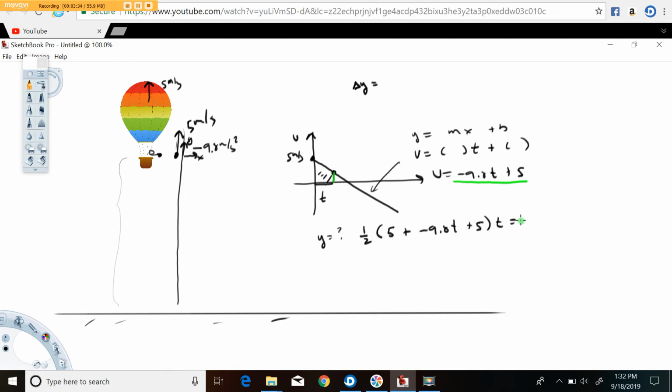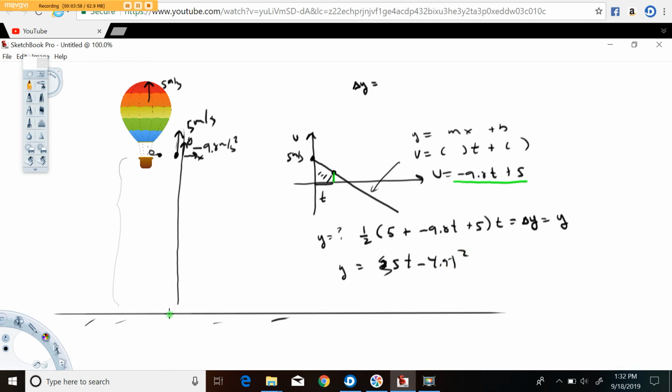Now this is actually giving us our change in y, but if we measure y from where this thing starts, y initial is 0, this would equal y minus 0. I'm just going to put y. Clean this up a little bit, you're going to get y equals, what is it? It should come out to be 5t minus 4.9t squared.